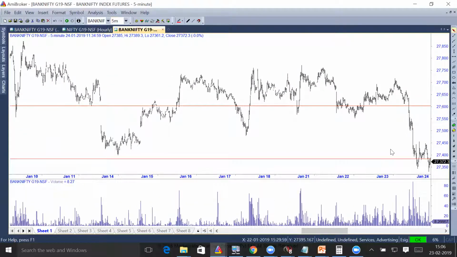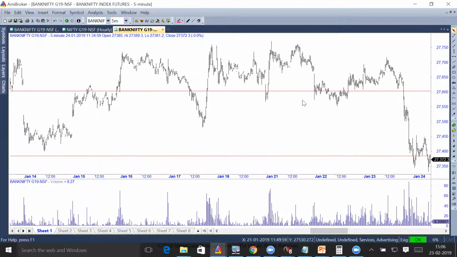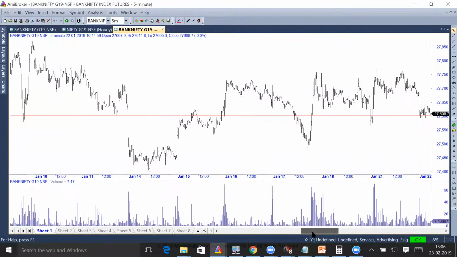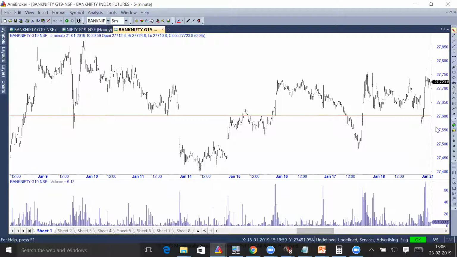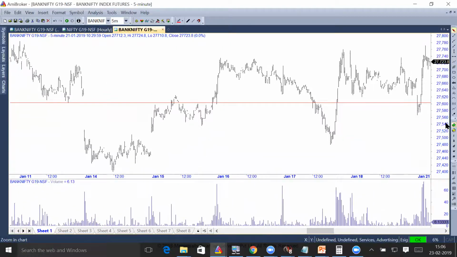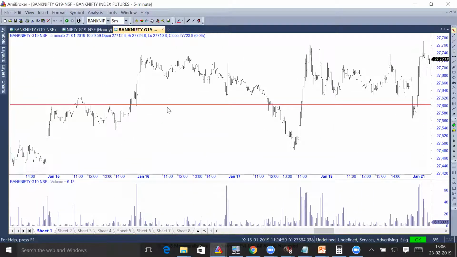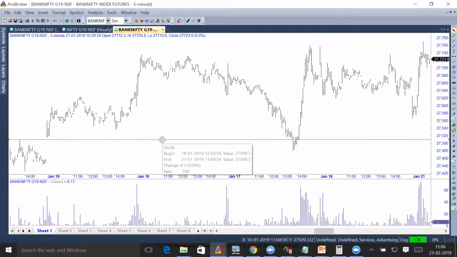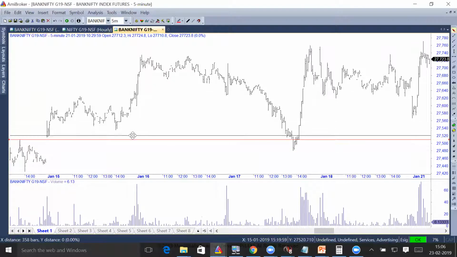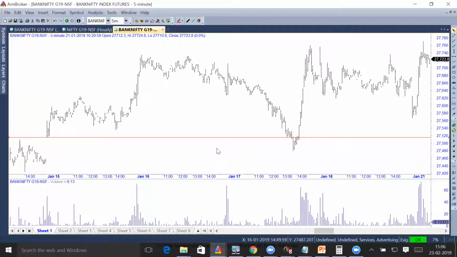I think this is the day. So one of the days here, most likely Jan 15th. Okay, so here was the 2-day low. So this is Jan 15th low. Okay.